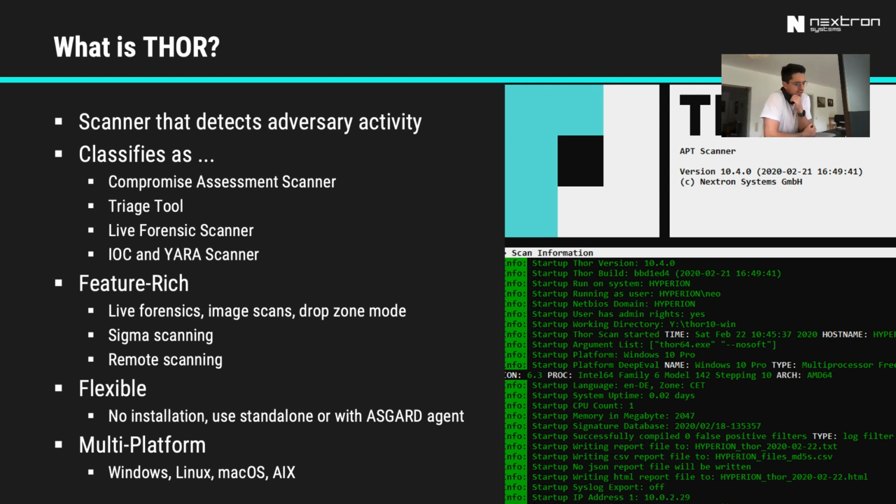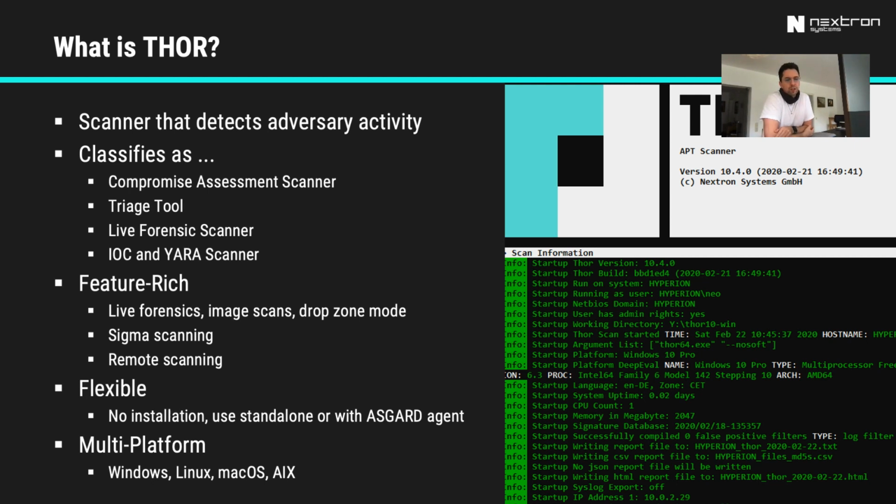It's not that easy to describe, but we say that THOR is a scanner that's designed to detect adversary activity on endpoints. So we classified it differently over the years. First we called it, I think it was just a triage tool, then we said it's an APT scanner.